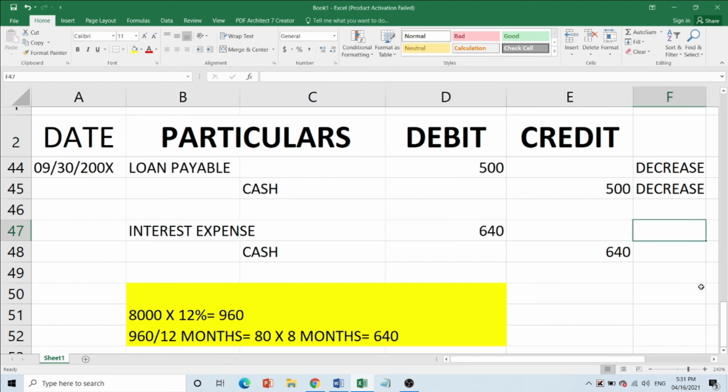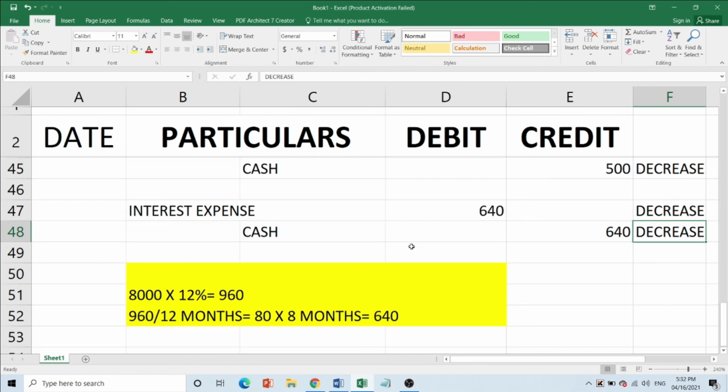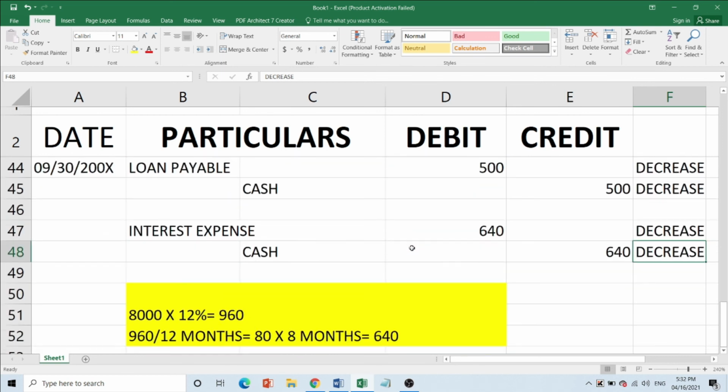So effect niya is decrease. And cash is an asset account. Since nagbayad tayo, nag-decrease ang ating asset. So, equal pa rin ang ating accounting equation. Okay? So, ganun po yun.